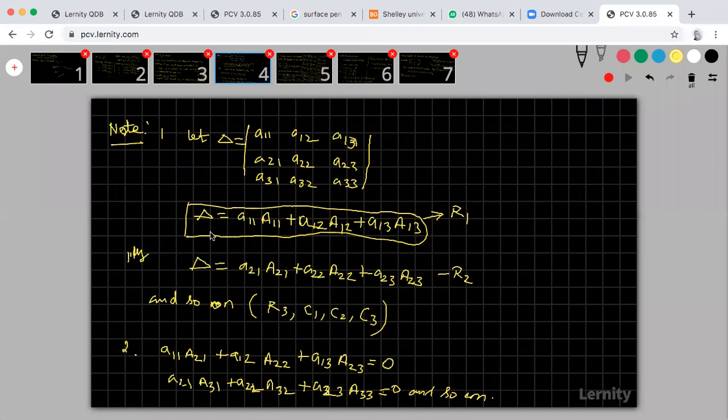So your delta is the determinant value of the entire thing. The determinant is defined as A11 into its cofactor plus A12 into its cofactor plus A13 into its cofactor. Take their sum. This is the determinant value.